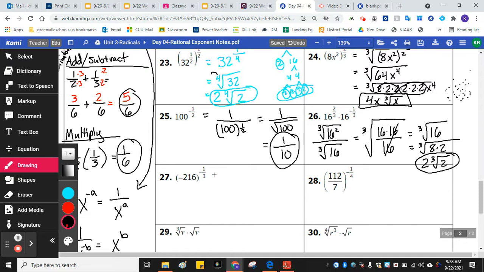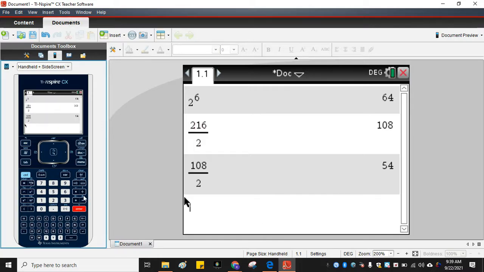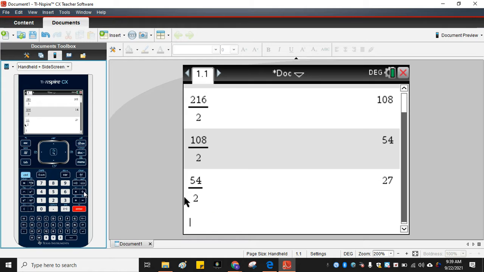All right, not happy where it is, so it's going to go to the bottom. You're just changing the sign of the exponent, not the number. So this is still the negative 216, and it is the cube root of that number. Remember, with negative, if it's an odd root, the negative can just come out because a negative times a negative times a negative is still a negative. So this is 1 over negative cube root 216. Oh my goodness, I don't know what 216 is. 2 and 108, 2 and 54, 2 and 27.